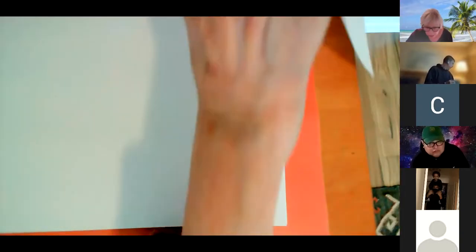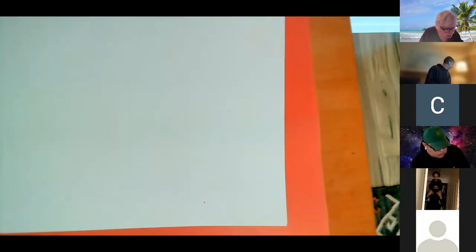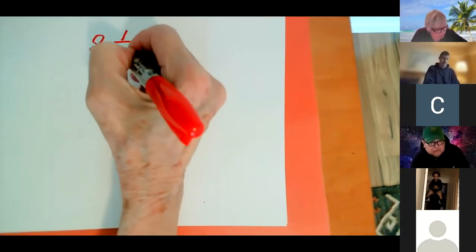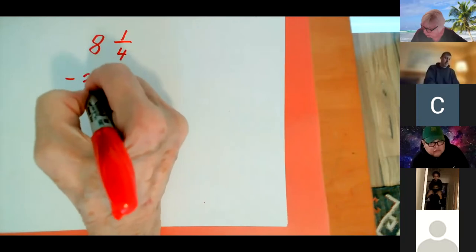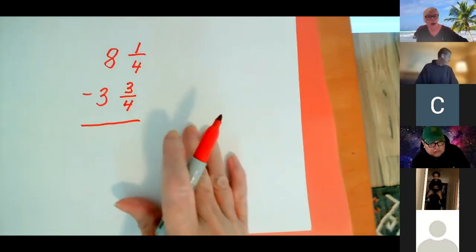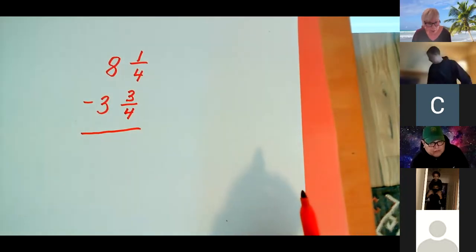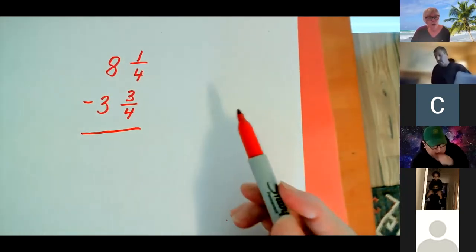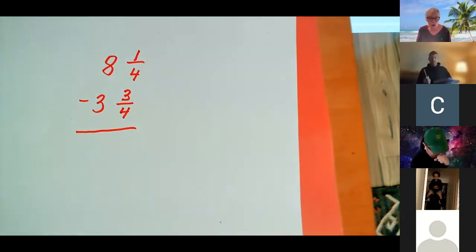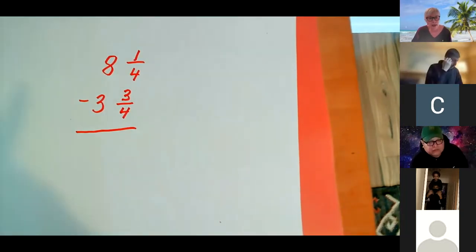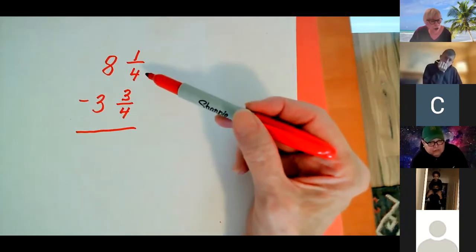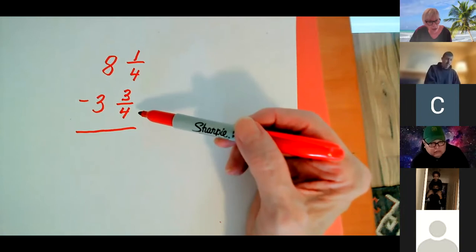So the other thing that comes up that might be annoying has to do with borrowing. And so you remember borrowing in all kinds of cases, decimals and so on, whole numbers, borrowing. But in this particular case, I picked a problem that had the common denominator, so we didn't have to fuss with that.